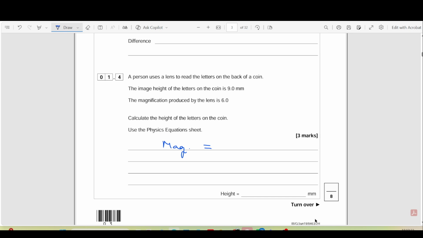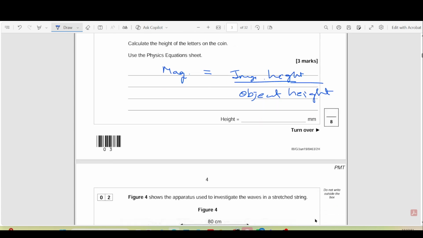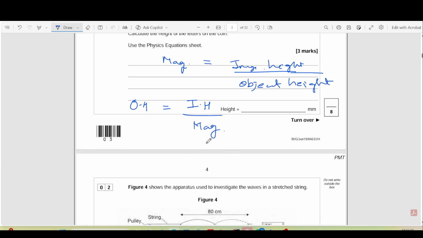Magnification equals image height over object height. Yes, image height over object height. We want the object height, which equals image height divided by magnification.